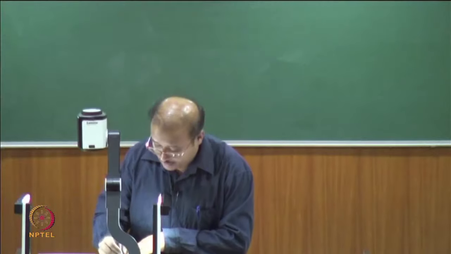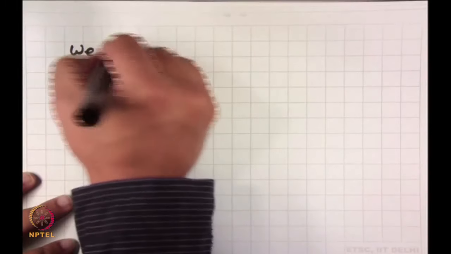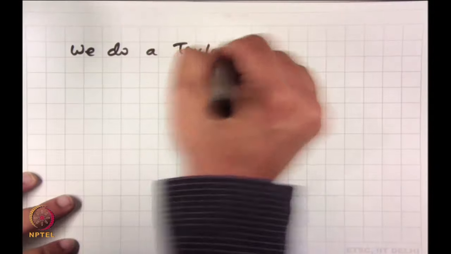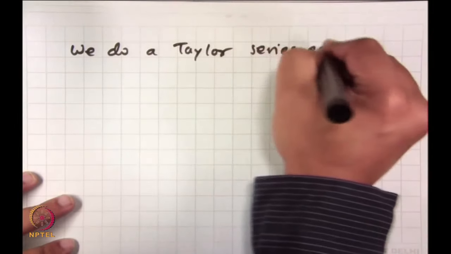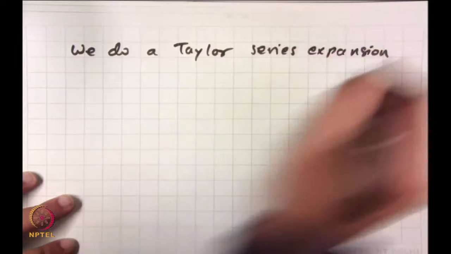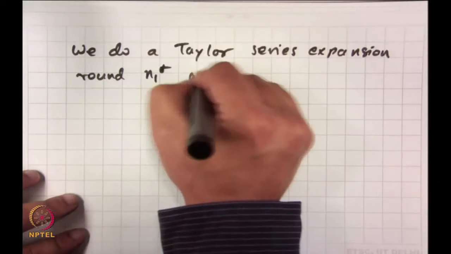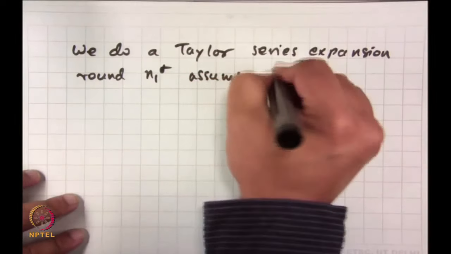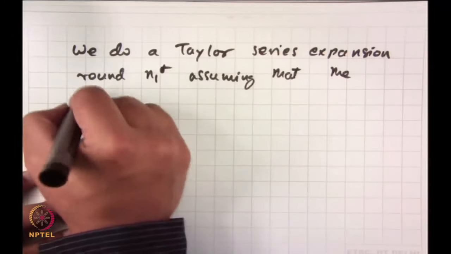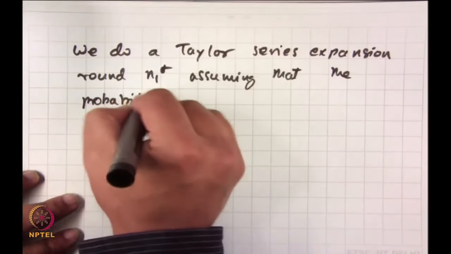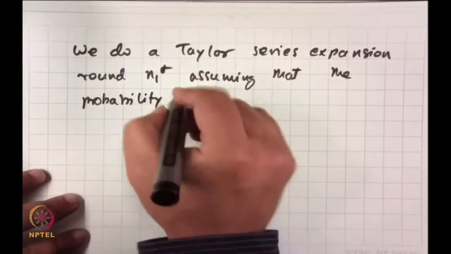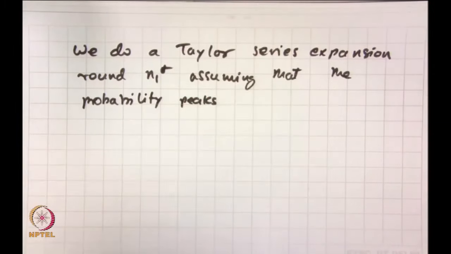So, now what we do is we do a Taylor series expansion round n1 star, assuming that the probability peaks there. Okay. Assuming that the probability peaks at a certain point, and hence we do that.